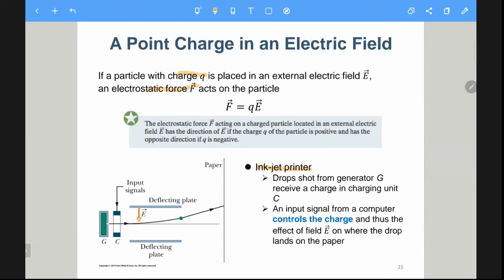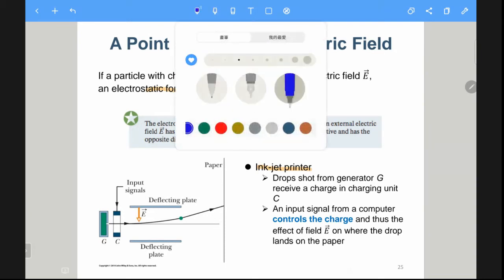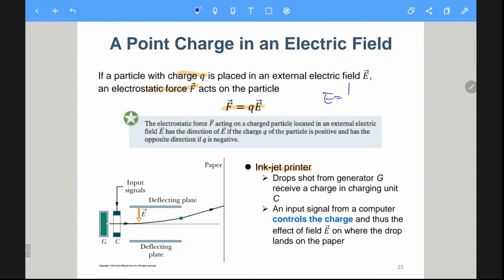F equals QE. So this is the definition of the electric field. For the definition, it is like E equals F over Q, something like that. So we just put it here, so we get this one.